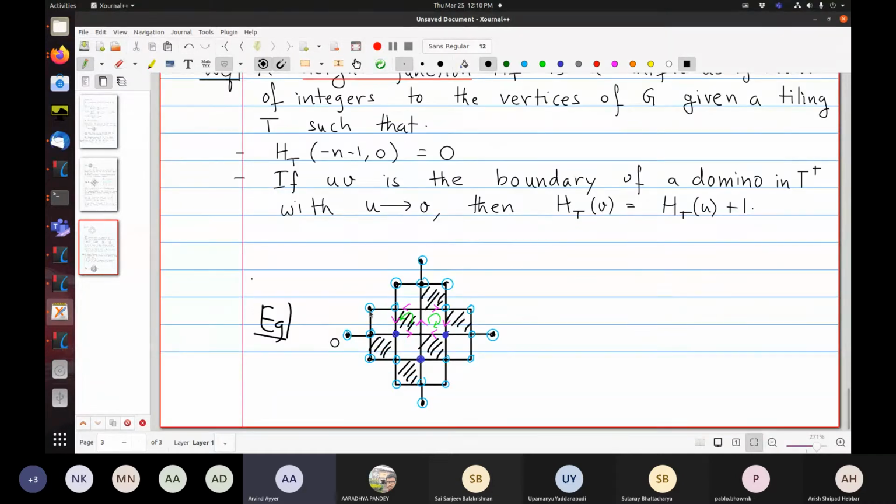So all of these edges on the boundary cycle are boundaries of dominoes. So if you think about it, this is a black square, and so we go counterclockwise along it. So this edge is directed to the right, and so the height of this guy is 1.